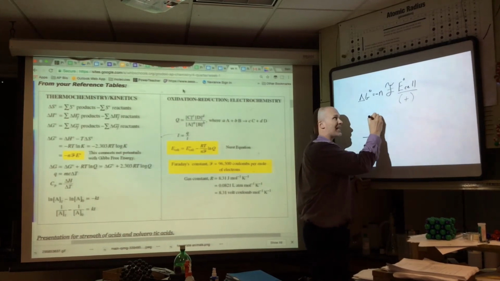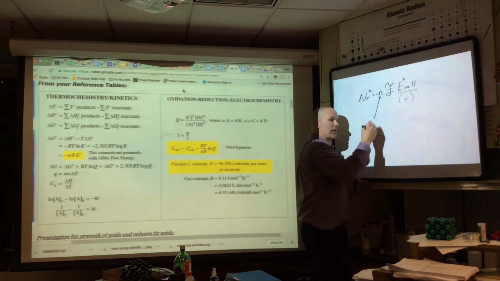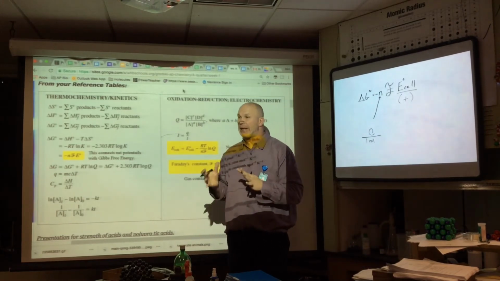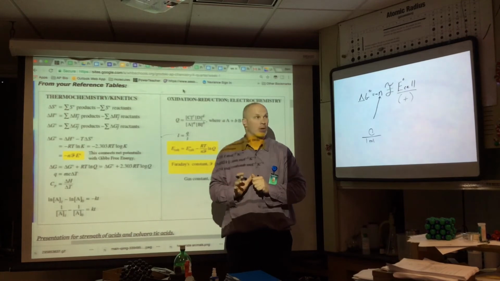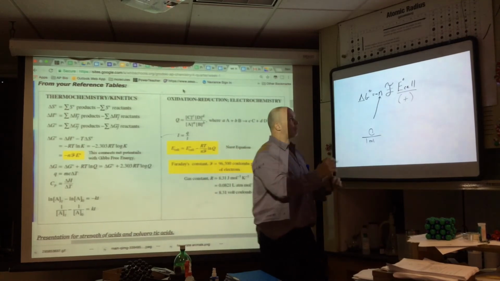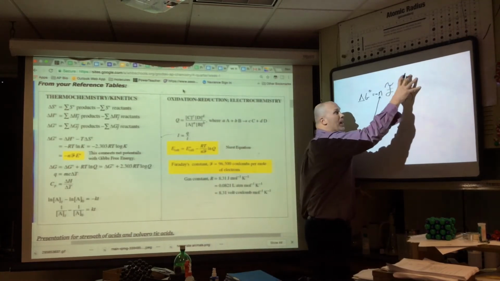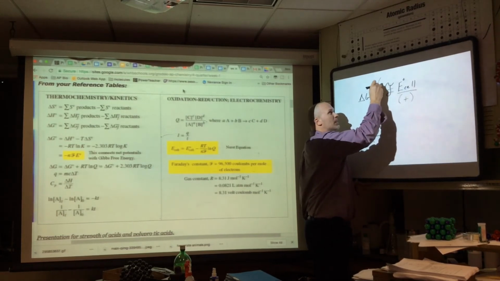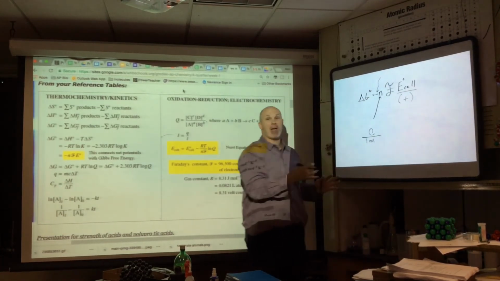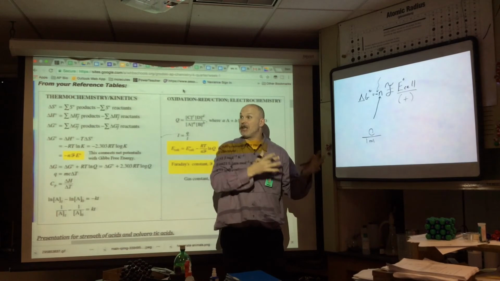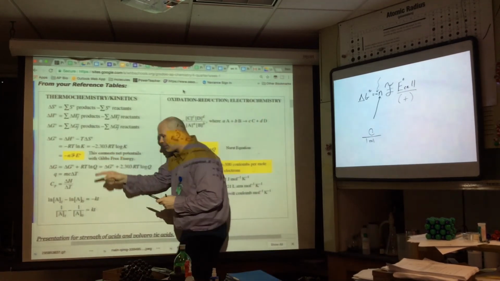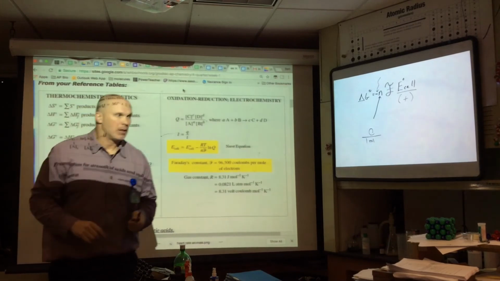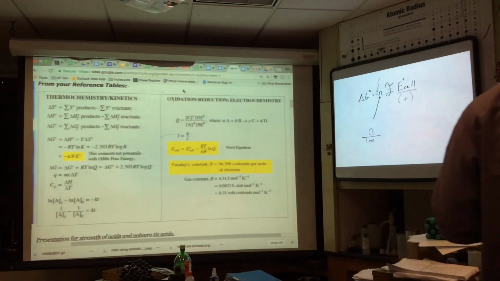Okay, and notice this N here. Let's learn about this N. N is the moles of electrons that are balanced in the half reactions. And of course, if you've got positive volts, because of this negative sign, it's going to make delta G negative. So there is the final link: negative N, Faraday's constant, E0 of cell. So this is brand new, but it's very simple.